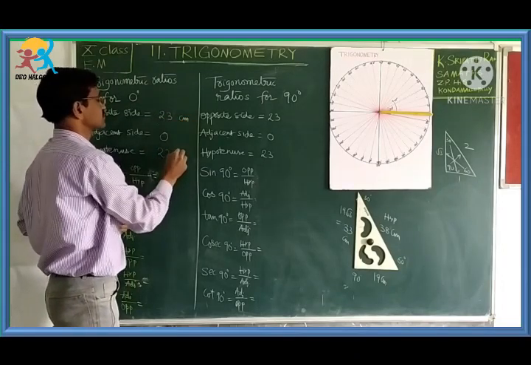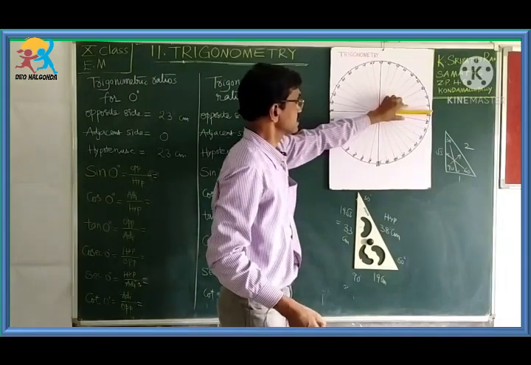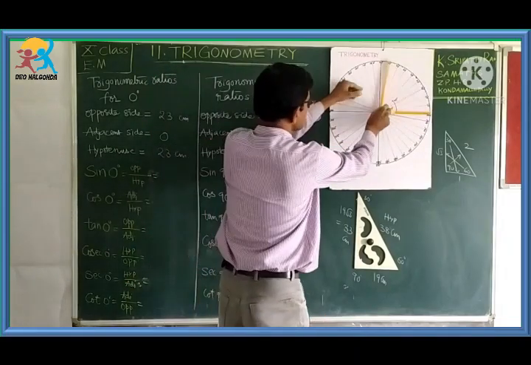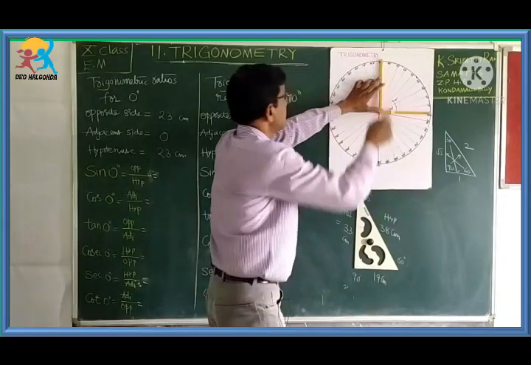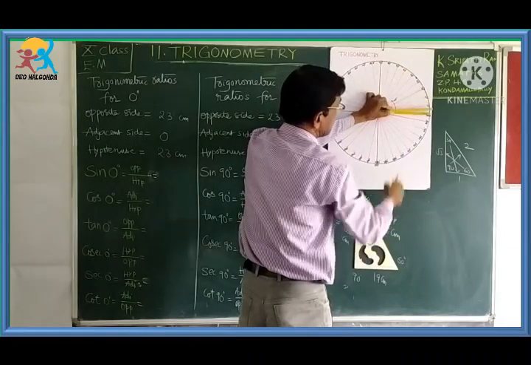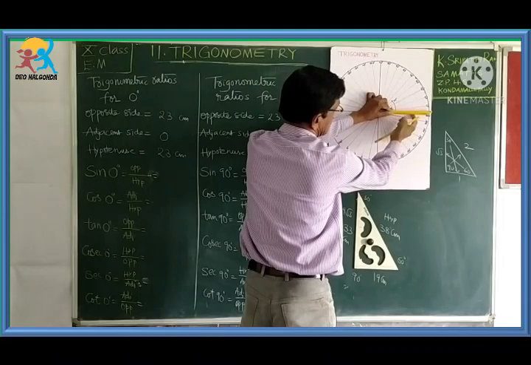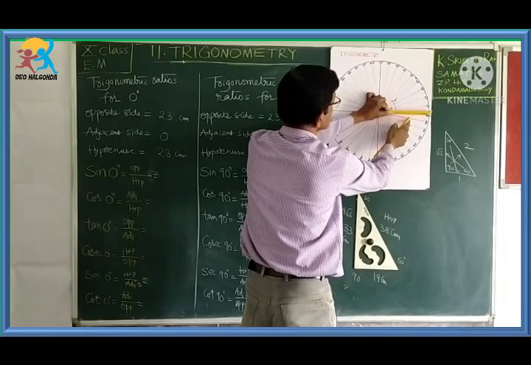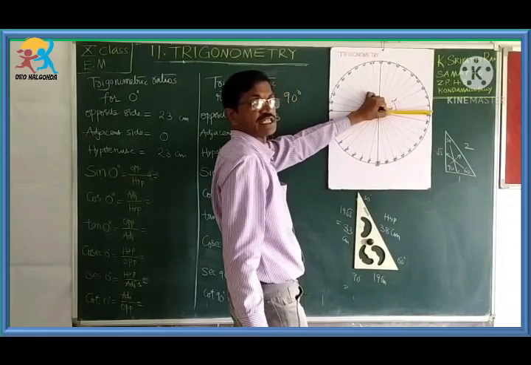At 0 degrees the adjacent side is equal to the hypotenuse, and the opposite side is 0.